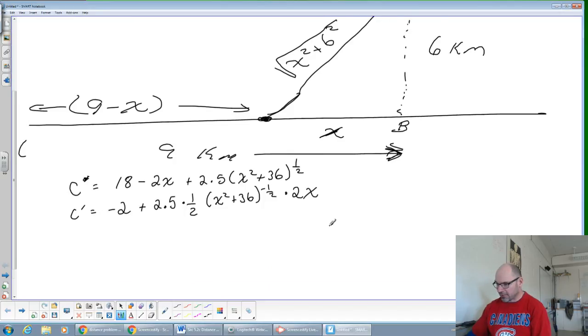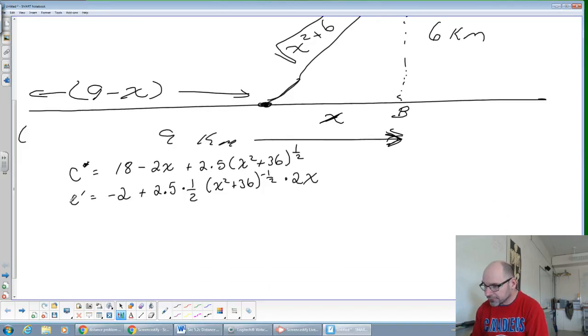We're going to simplify it a little bit. So 0 equals negative 2 plus, what's this going to be? This will be 2.5x. 2 times 1/2 is 1. 2.5x, and then this on the bottom, x squared plus 36 to the power of negative 1/2.